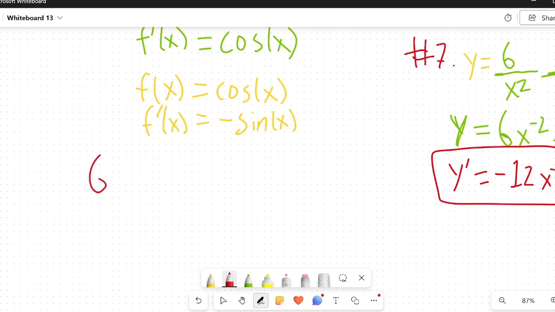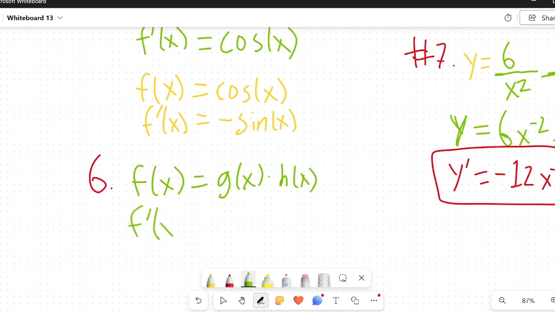So essentially, the product rule states that if f of x equals g of x multiplied by h of x, then f prime of x equals g prime of x times h of x plus g of x multiplied by h prime of x.